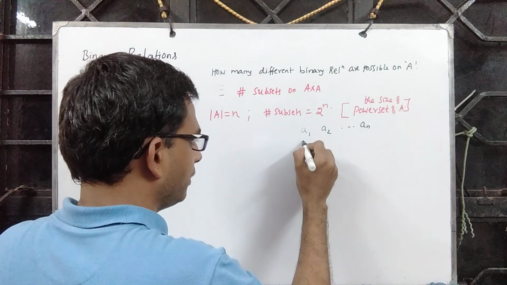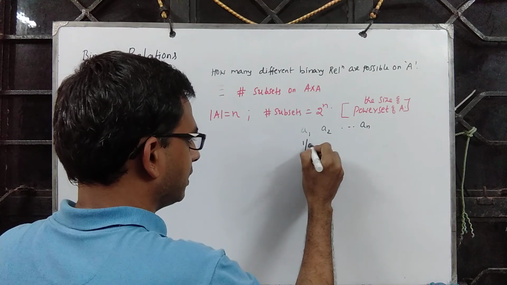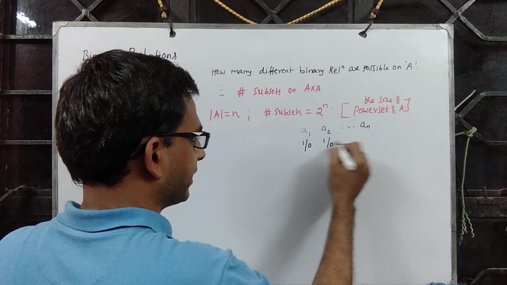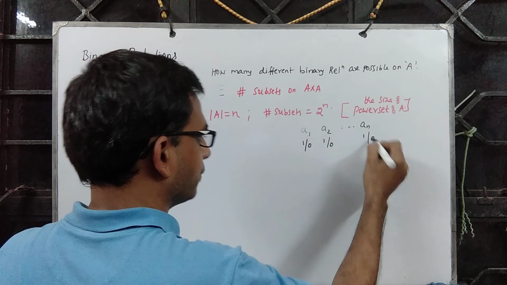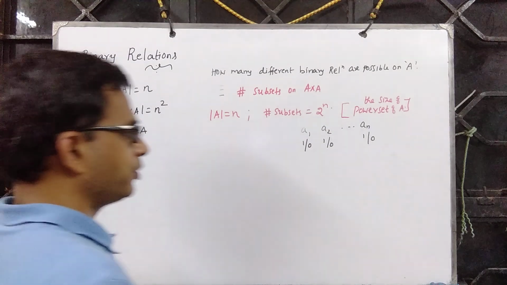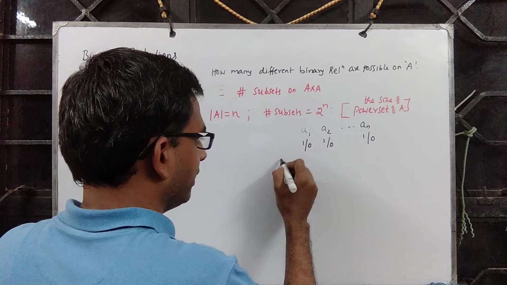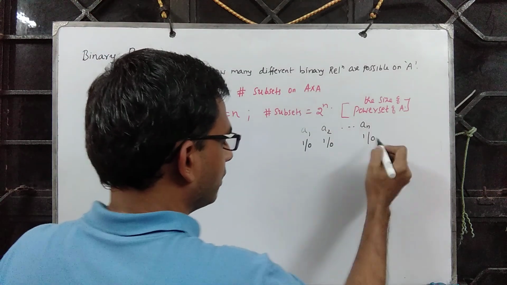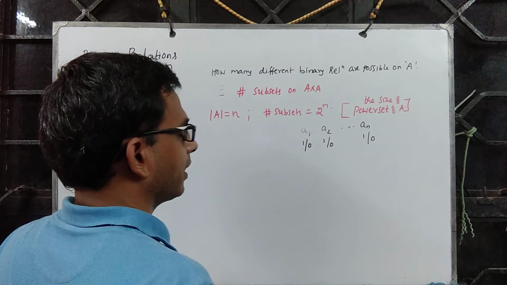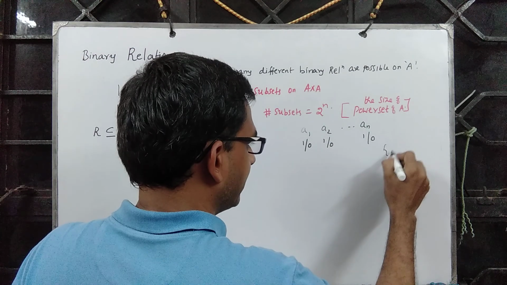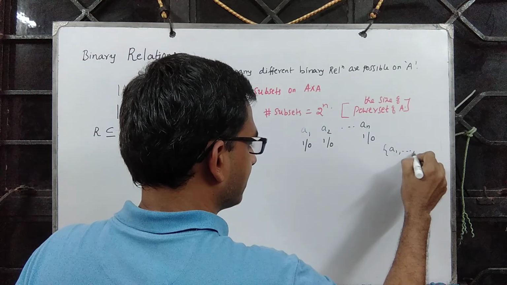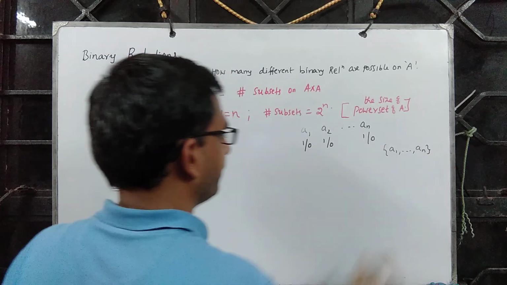We either include or exclude each one. Supposing we include all of them, we get the subset A1 to An.